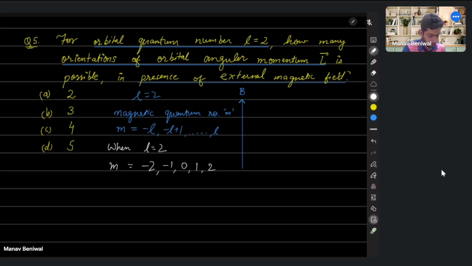Okay. Now, what is the meaning of magnetic quantum number? So when you multiply this magnetic quantum number by h cut, you will get m h cut.